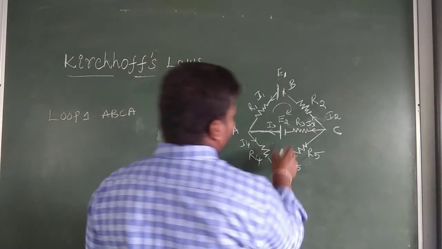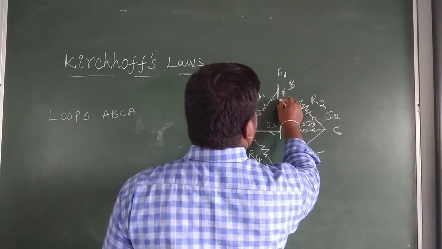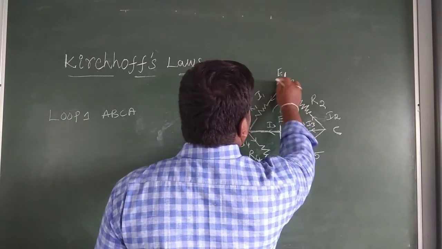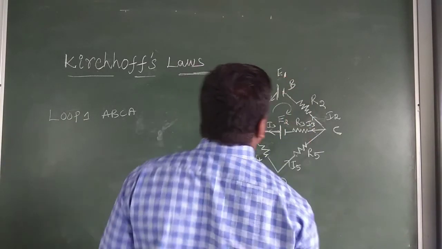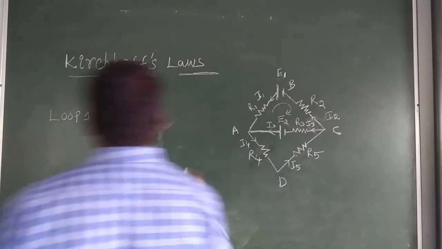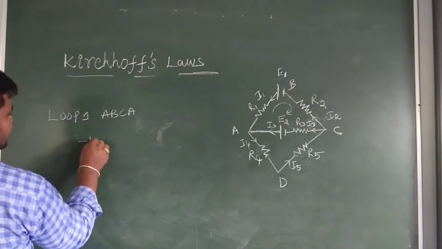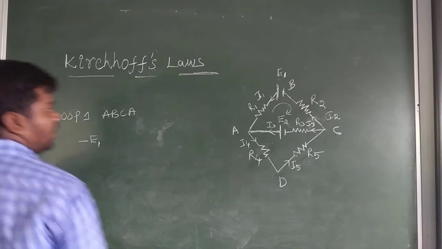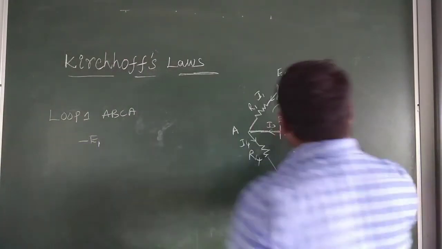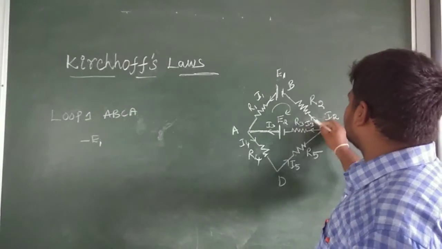Now we can start from E2 or E1, whatever. Here we can start from E1. Our direction is towards the negative terminal of the E1. So that's why we take minus E1. And here the current direction is opposite.